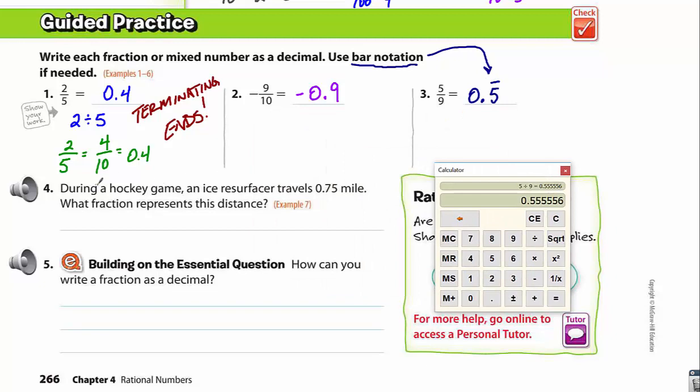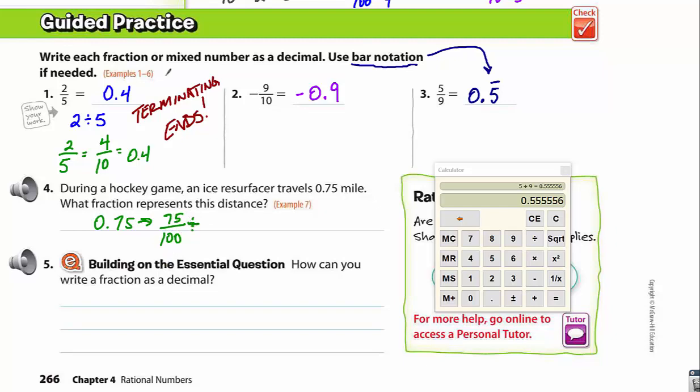All right, and number 4. During a hockey game, an ice resurfacer travels 0.75 miles. That's a Zamboni, by the way. What fraction represents this distance? Well, 0.75 is 75 hundredths. 25 goes into both of those.